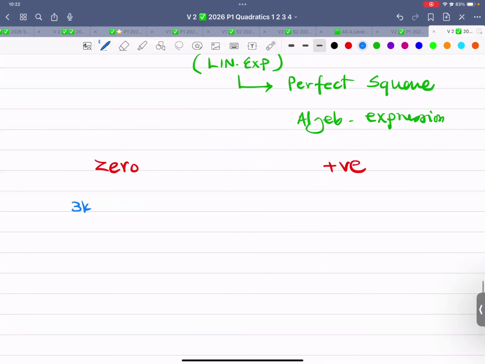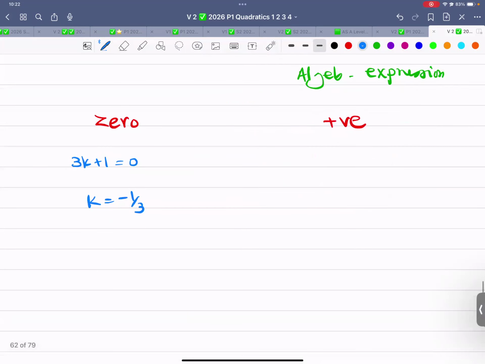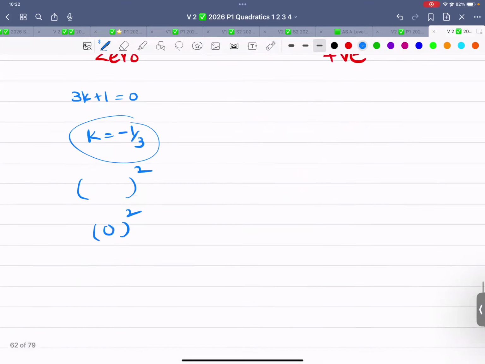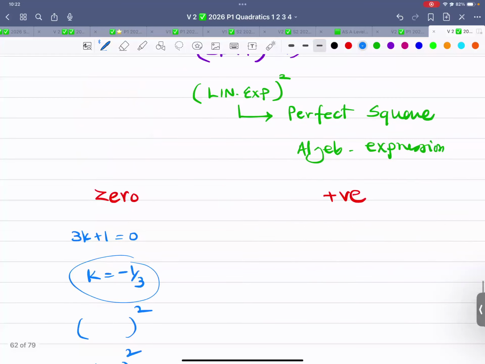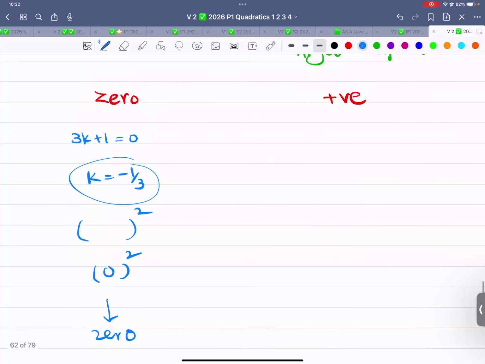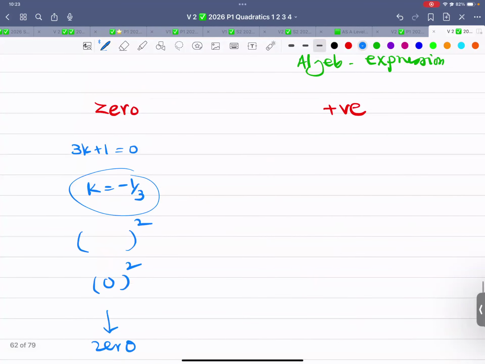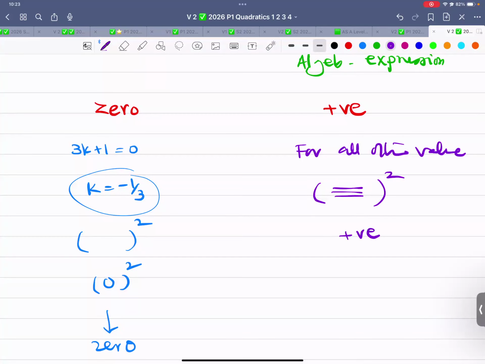If 3k plus 1 equals 0, k is negative 1/3, for this value the bracket squared would be 0 squared, so it will be 0. Got the idea? 3k plus 1 whole squared. Can this be 0? Yes, it will be 0 when k is this. That means for all other values, anything on the inside after squaring will become positive.